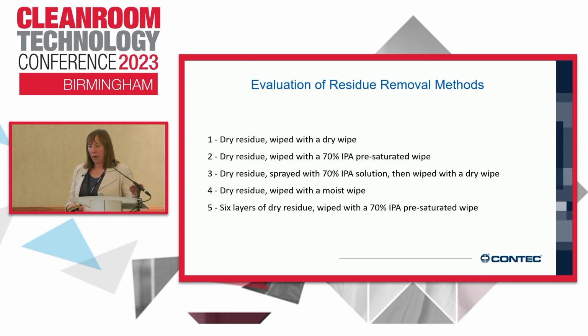Then we had 1 layer of dry residue, which we tried to remove with a commercial pre-saturated wipe with 70% IPA. Then we had a dry residue that we sprayed with IPA, and then used a dry wipe to wipe it all off. We had a dry residue where we sprayed onto the wipe, and then used that to remove it. And finally, we did 6 layers of dry residue on top of each other, and used the pre-saturated wipe again to see what would happen.